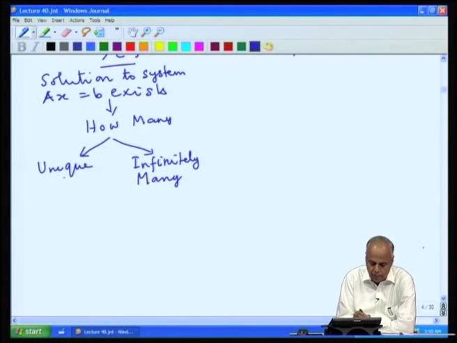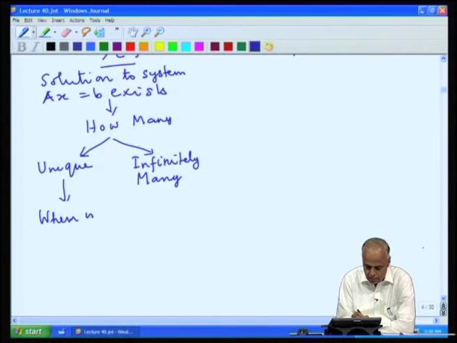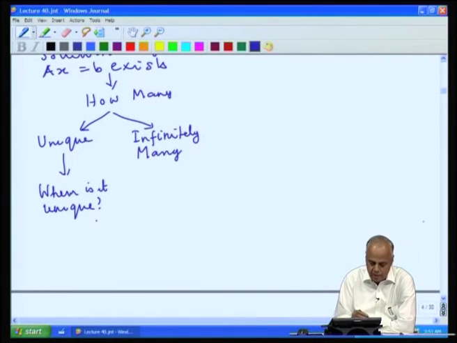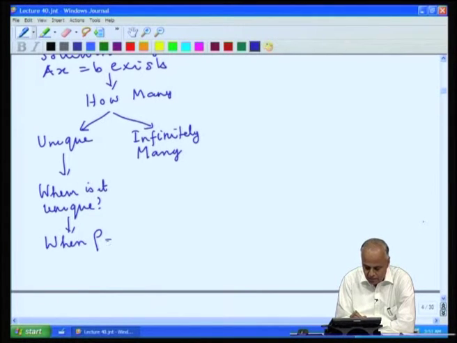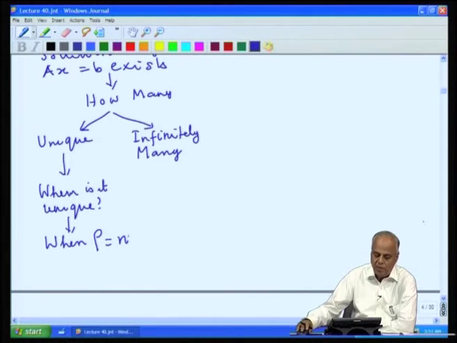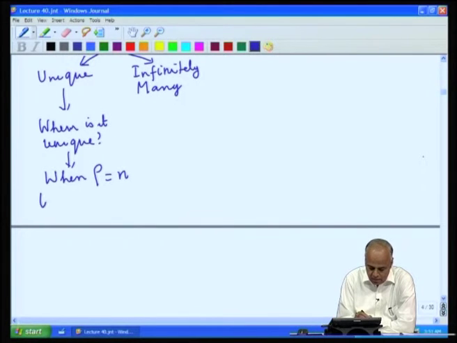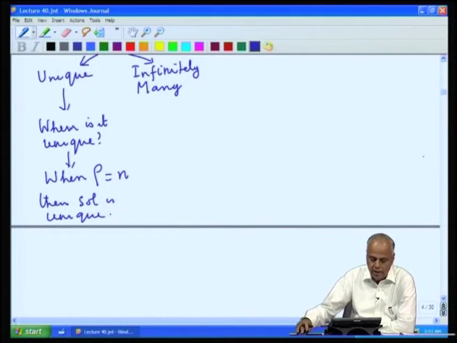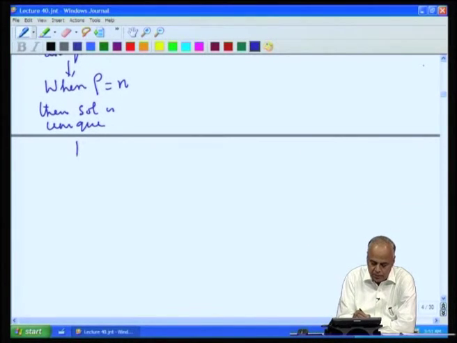Then we ask the question, when is it unique? And now we have the answer: when the rank of the matrix is equal to n, the number of columns, then the solution is unique. Then finally, we ask the question, in that case, what is the solution?